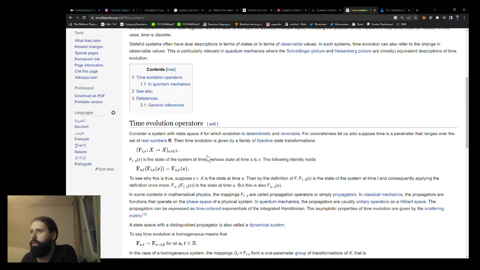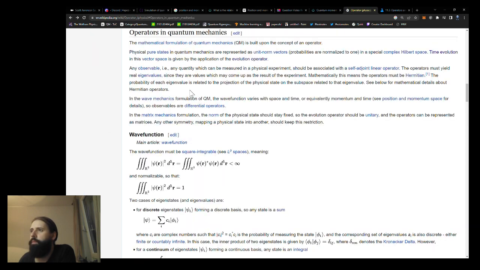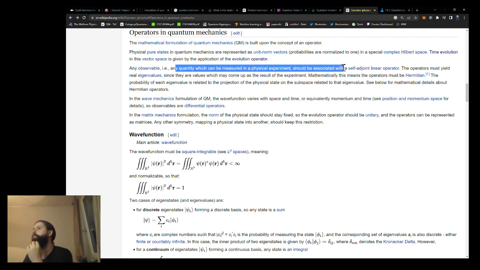Time evolution operators. Any observable, any quantity which can be measured in a physical experiment, should be associated with a self-adjoint linear operator.